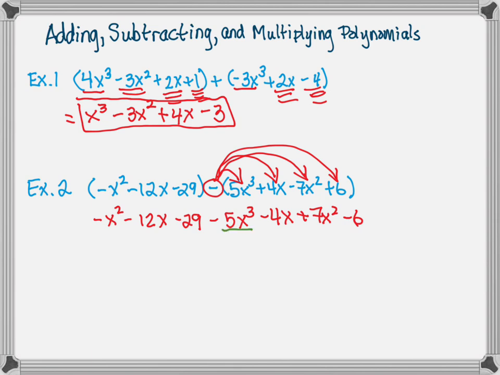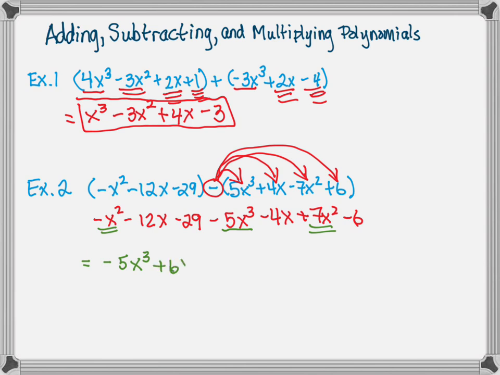Now let's combine our like terms, and I'm going to do this by looking for my highest degree term first, and then I will automatically be putting this difference in standard form. So if I'm looking for x cubed terms, I only have one, so I have negative 5x cubed. Let's look for x squared terms. I have negative x squared. I have positive 7x squared.